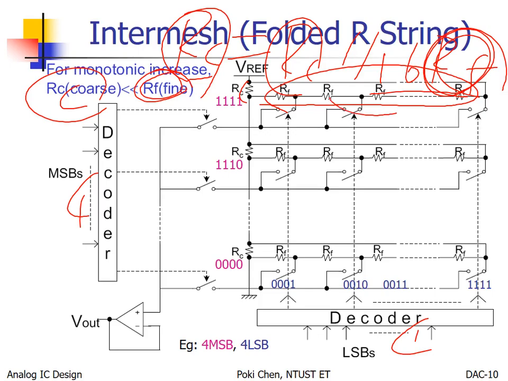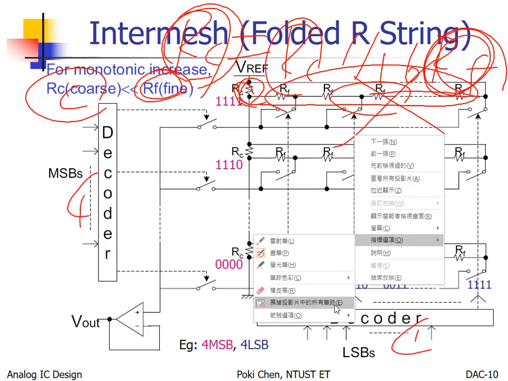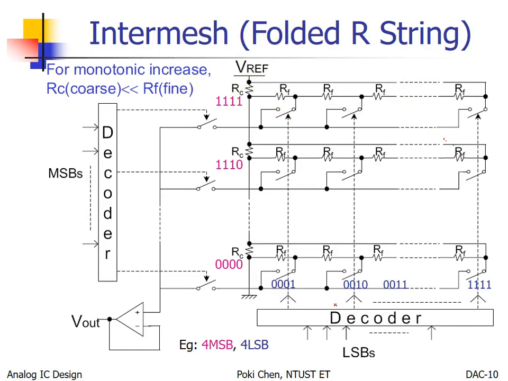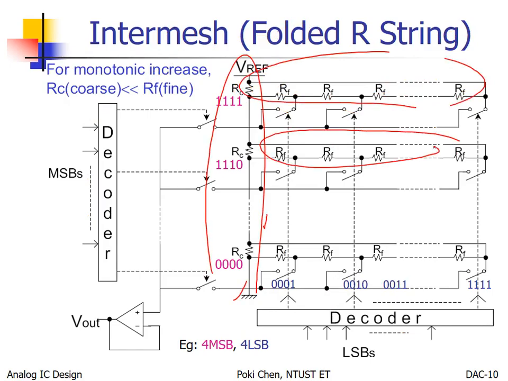Since the final result for each one depends on RC only, it is uncorrelated with RF. So the coarse R string helps us to separate each fine string.